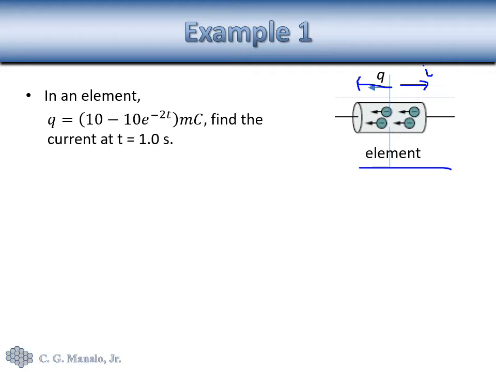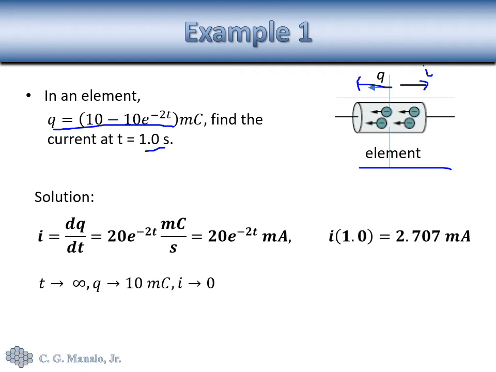So charges are flowing in the left direction, and it is given by this expression. We're asked to find the current after 1 second. This is the solution, I'll just flash it.